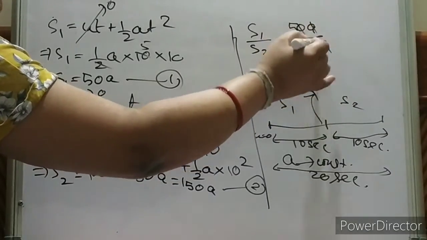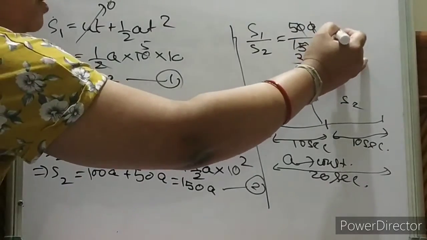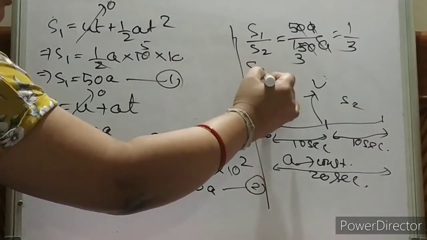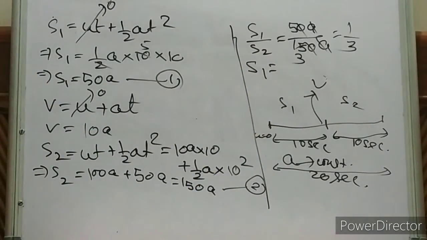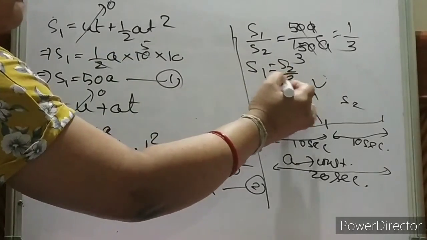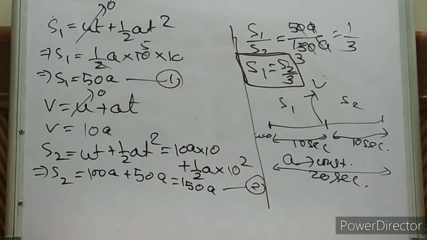The a gets cancelled, the 0 gets cancelled, so it becomes 1 by 3. So S1 is equal to how much? S2 by 3. This is the relationship between S1 and S2.